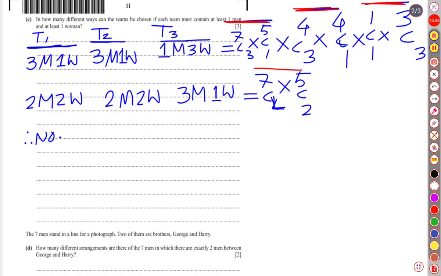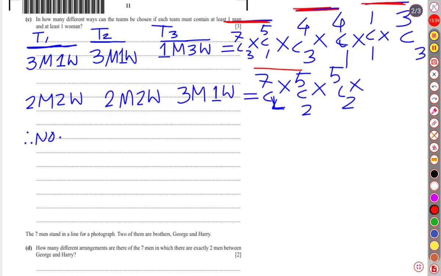Then the second team. For the second team, out of 7 men, 2 have already gone away, so it is going to be 5. From 5 we will choose again 2 men, then women for the second team.